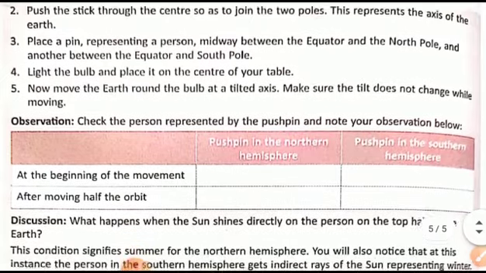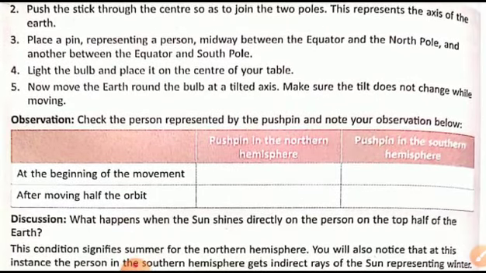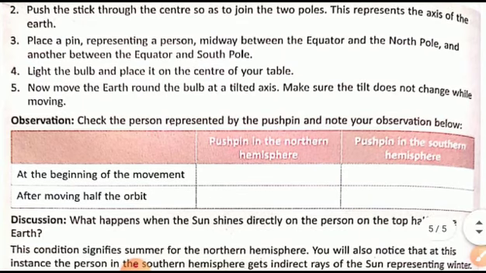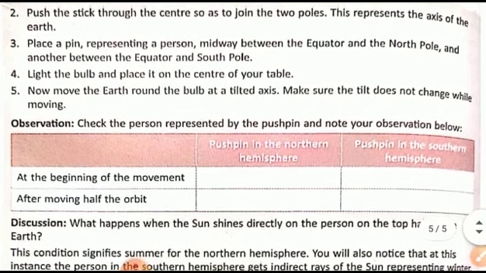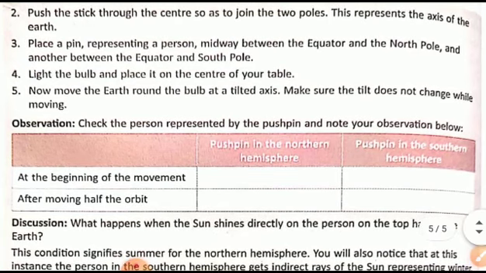Light the bulb and place it on the center of your table. Now move the earth around the bulb at a tilted axis. Tilted means 23.45 degrees. Make sure the tilt does not change while moving. Only the ball will rotate. So what you will see is that at the beginning of the movement, one pushpin was in the northern hemisphere and the other pushpin was in the southern hemisphere.